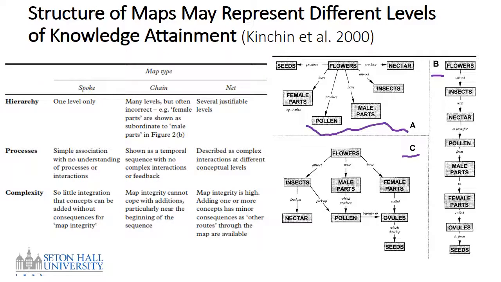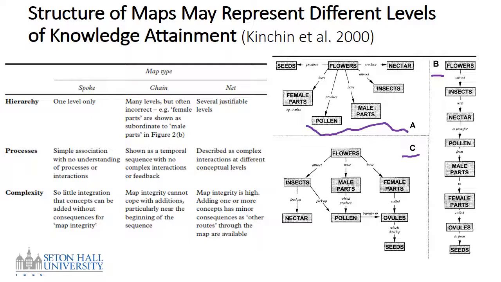And so it's hypothesized that these 3 different structures, a spoke, a chain, and a net, represent increasingly complex knowledge or an increasingly complex and complete understanding of the overall concept.